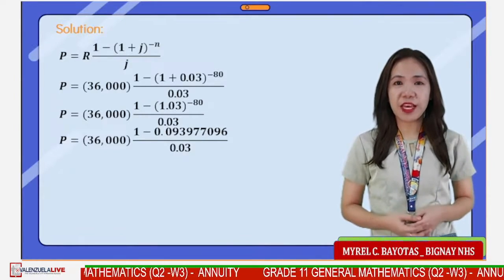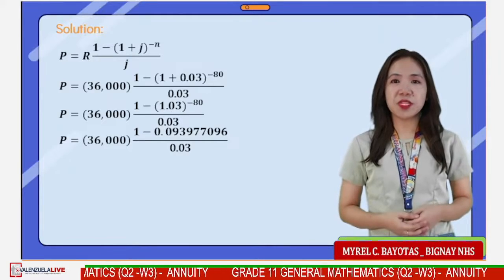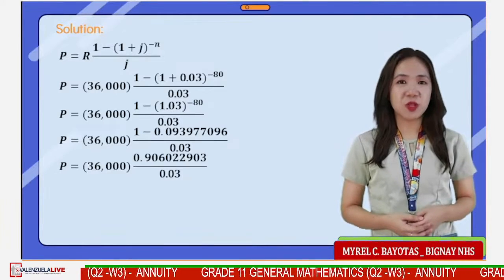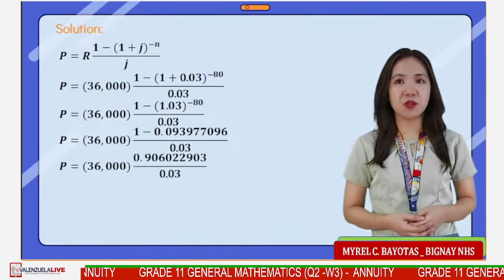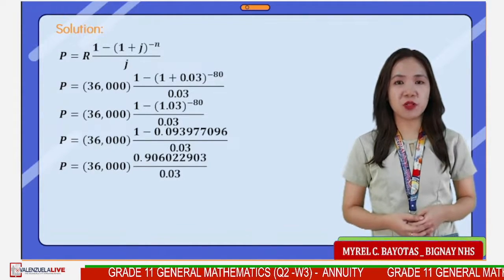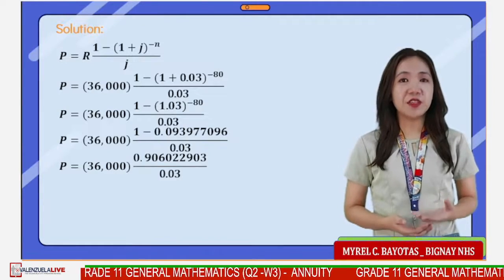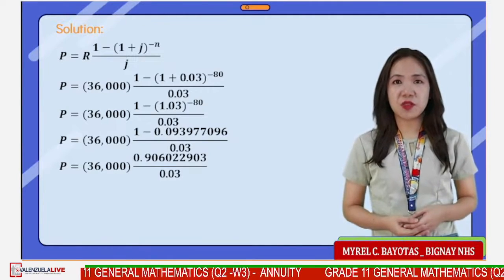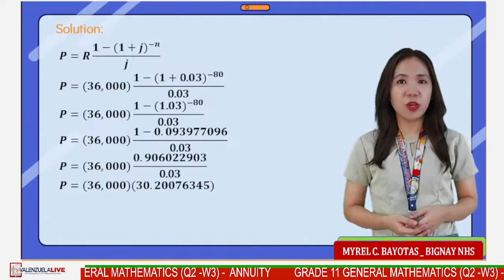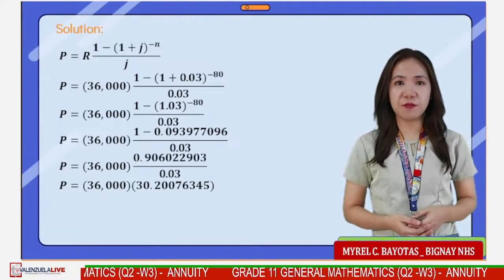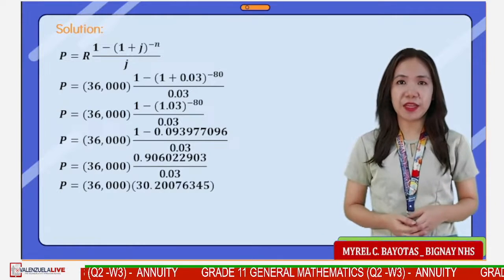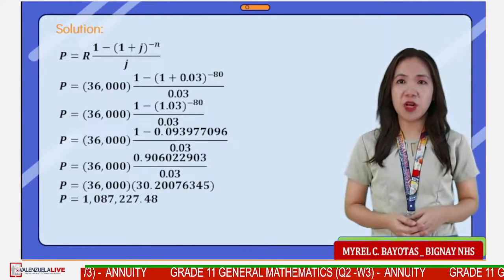Subtract. We'll have P equals 36,000 times 0.906022903 over 0.03. Divide. P equals 36,000 times 30.20076345.